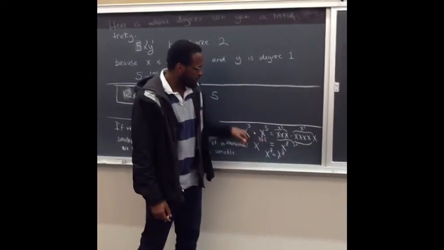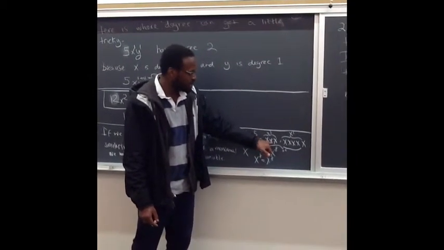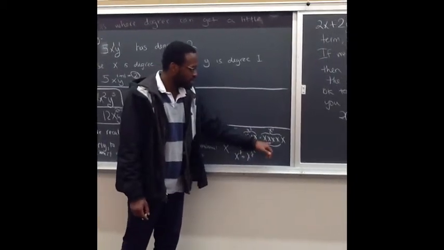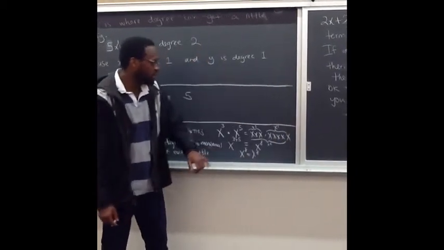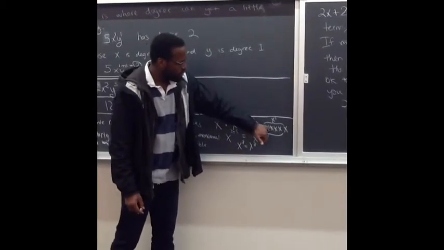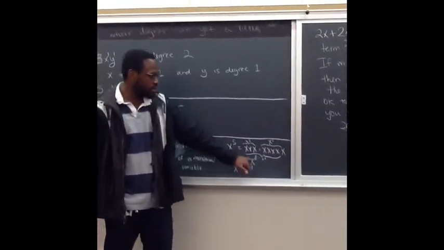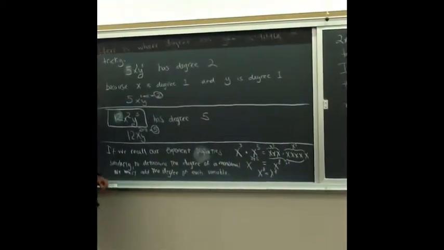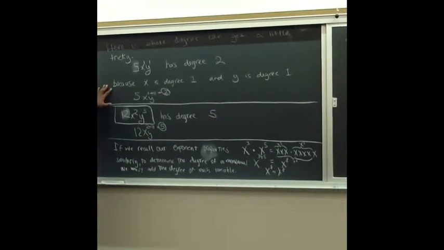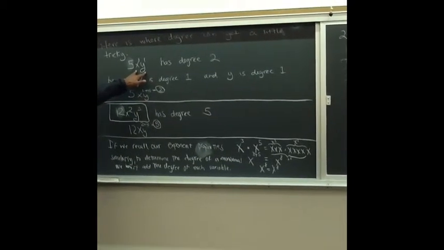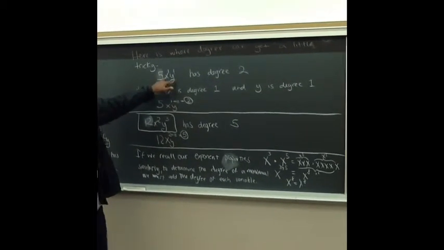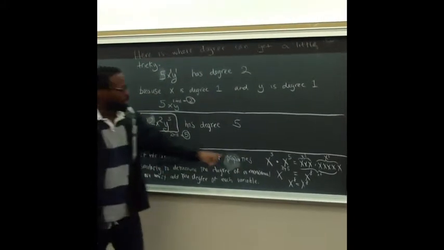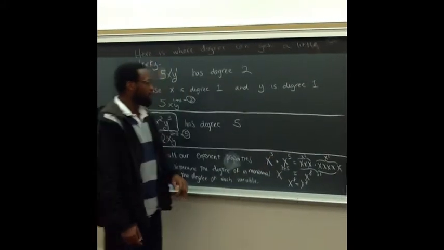Now, if we have x cubed, which is represented by x times x times x, and we have x to the 5th, which is represented by x times x times x times x times x, we actually have 1, 2, 3, 4, 5, 6, 7, 8 x's, which is our x to the 8th, and we see x to the 8th is equal to x to the 8th. By that same logic, when we have 2 different variables with powers 1 and 1, or 2 and 3, we would add them to figure out the degree.